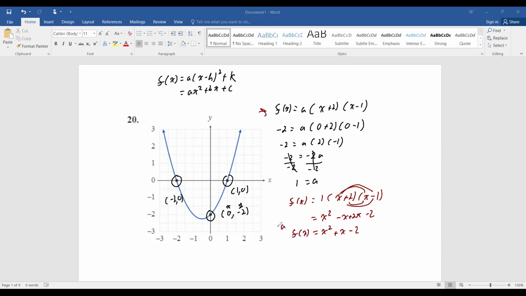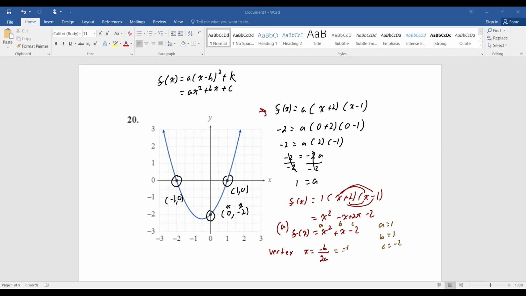That's part A. Part B then tells me, well, now I need to go find the vertex. To find the vertex, I start by finding my x, which again is negative b divided by 2a, which, remember, this is your a, this is your b, this is your c. So a equals 1, b equals 1, and c equals negative 2.